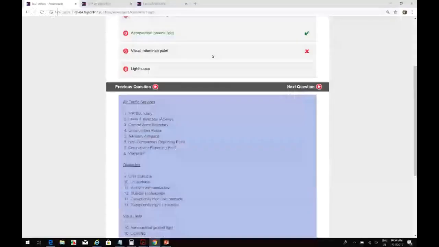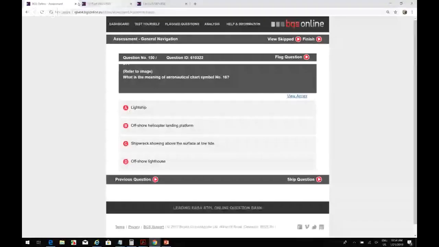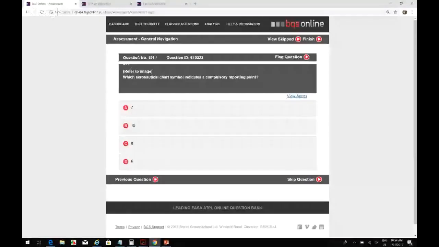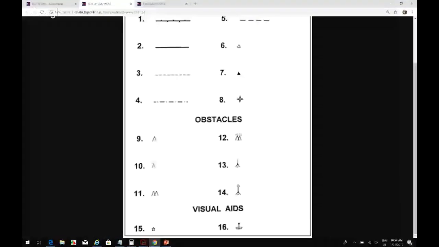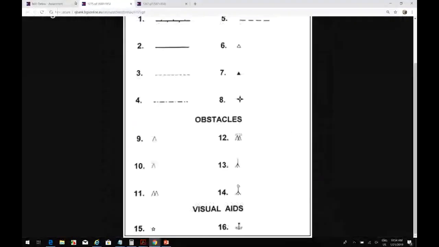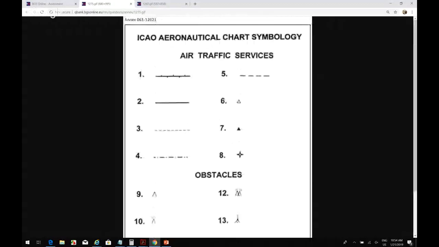What's the meaning of aeronautical chart symbol number 16? It's a lighthouse. Offshore lighthouse. Oh, lightship, sorry. A lightship. Which chart symbol indicates a compulsory reporting point? Number 7. An aeronautical ground light.